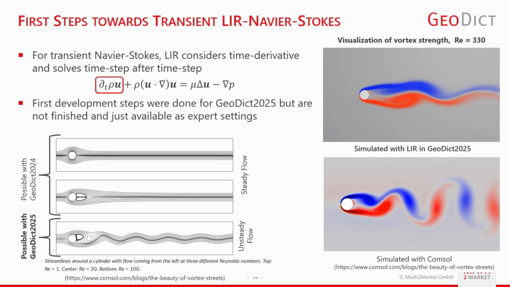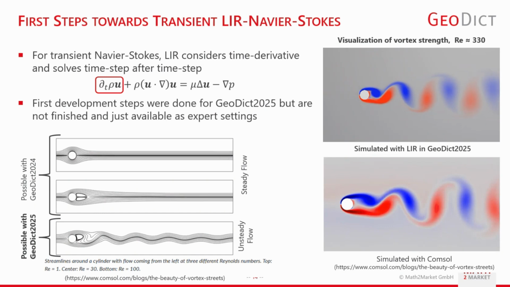But if the Reynolds number increases even more, then these two vortices are not stationary anymore, and they will move over time, and there is no stationary state. So the flow field will always change with time, and the vortex will split and will move from left to right.